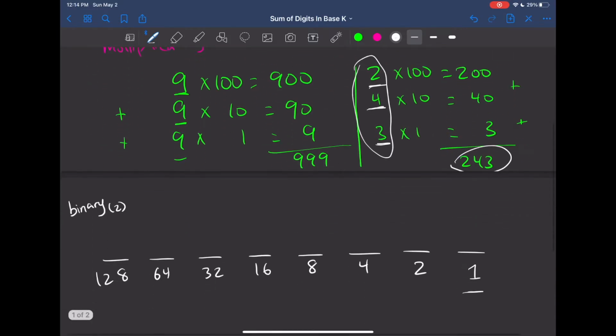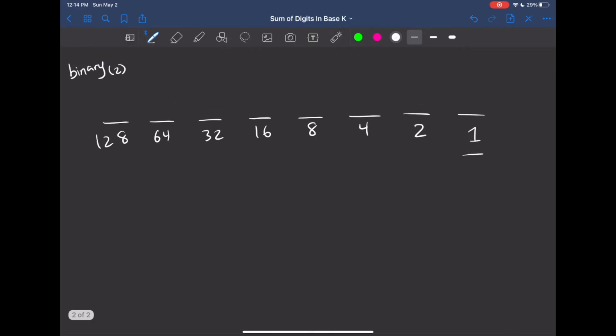So, for instance, let's just say I had the number 100, and this would be base 10. This would be a decimal. To convert this number to base 2, if I put a 1 right here, that would mean that our number is at least 128, right? It wouldn't make sense to put a 1 there.